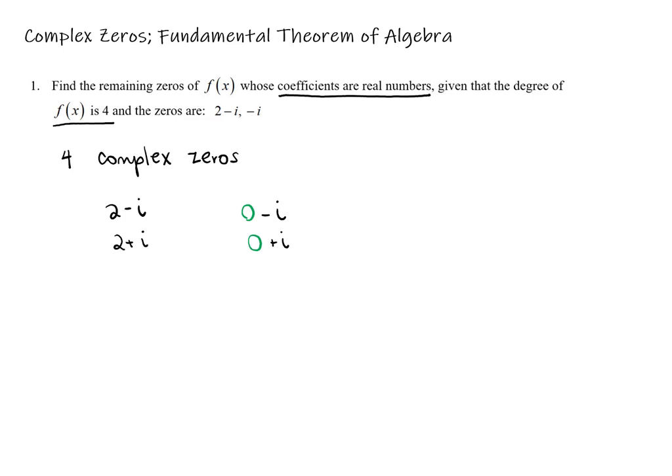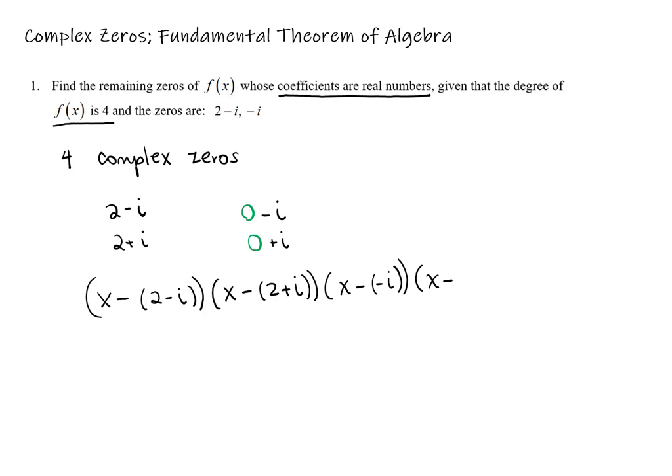If I wanted to set them up in factored form, I would say x minus 2 minus i, x minus 2 plus i, x minus negative i, and x minus positive i.